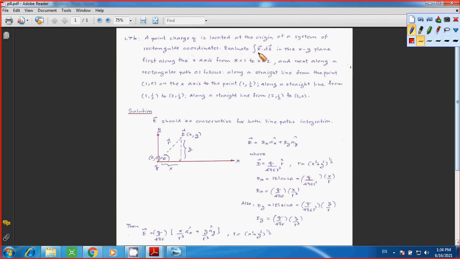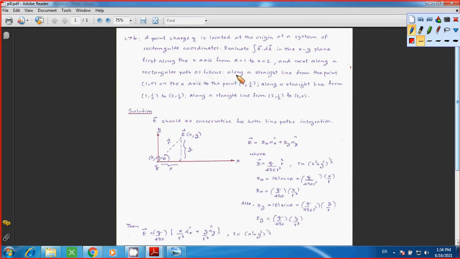It asks you to evaluate the line integral of E·dl. This is a relation to the potential phi, which is equal to the negative line integral of the electric field in the xy plane, first along the x-axis from x equal to 1 to x equal to 2, and next along a rectangular path as follows.